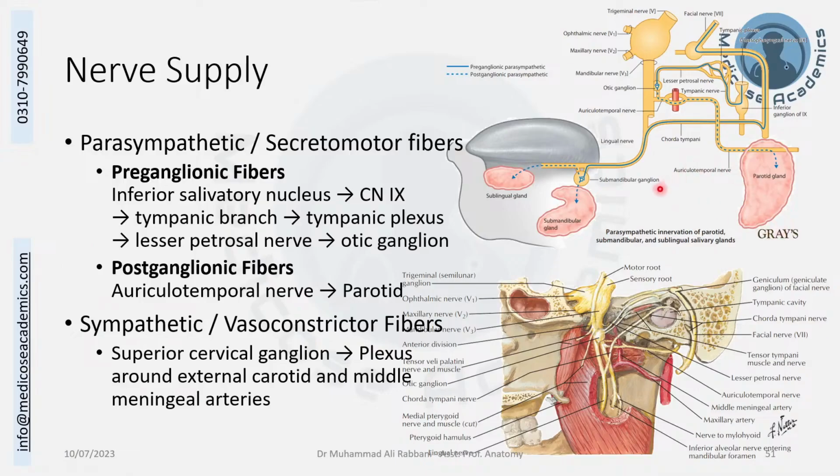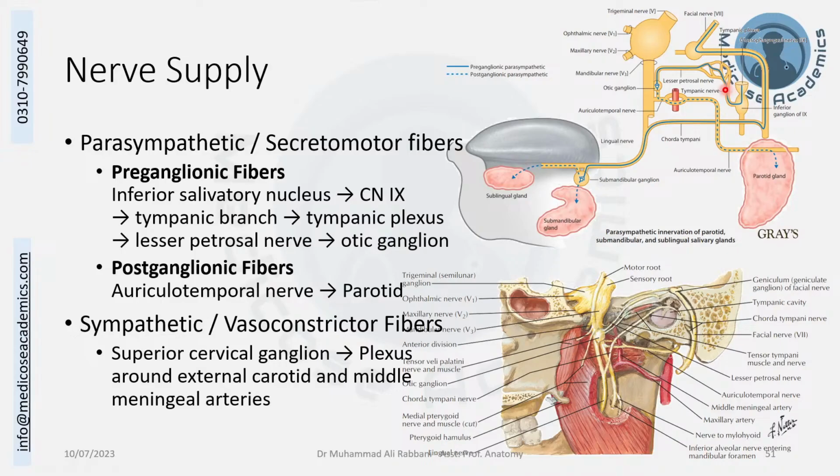The parasympathetic supply is a little tricky. It is supplied by the auriculotemporal nerve, but the originating fibers are coming from the glossopharyngeal nerve. From the glossopharyngeal nerve, they enter the middle ear.